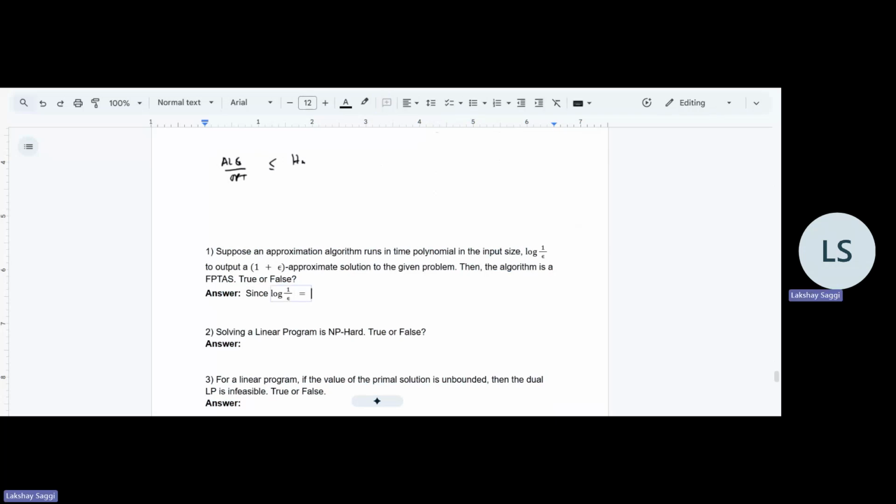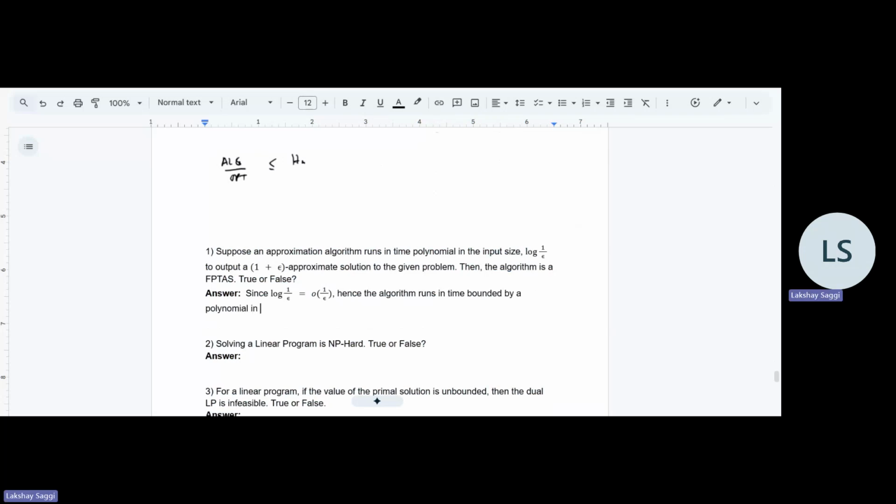Since log of 1 over epsilon is strictly smaller, like small o of 1 over epsilon, the algorithm runs in time bounded by a polynomial in input size and 1 over epsilon.